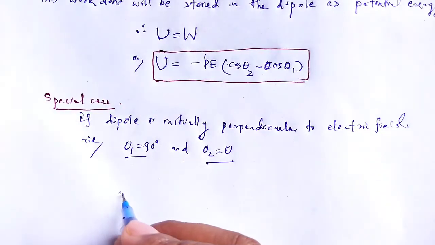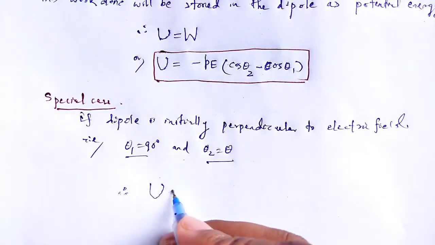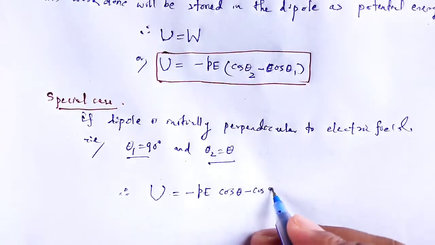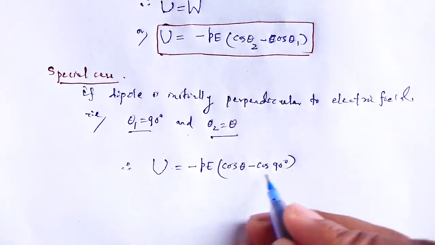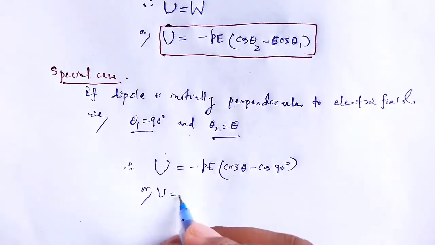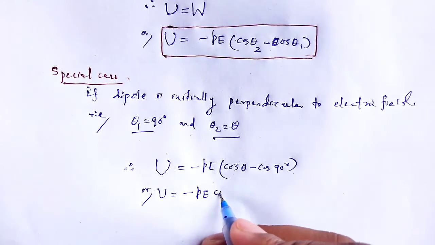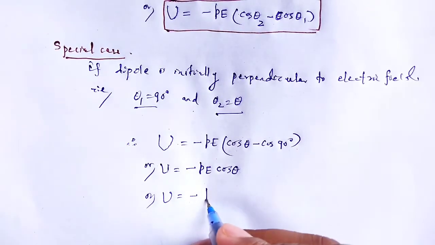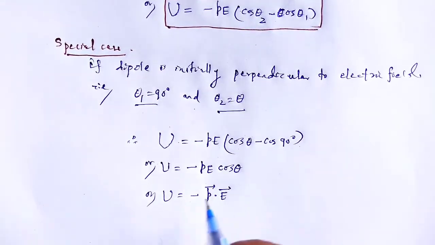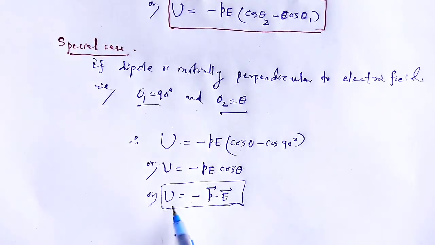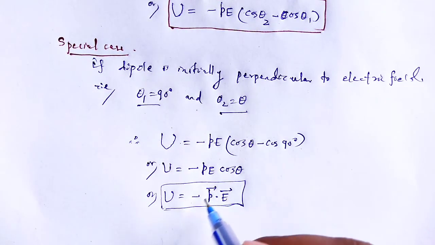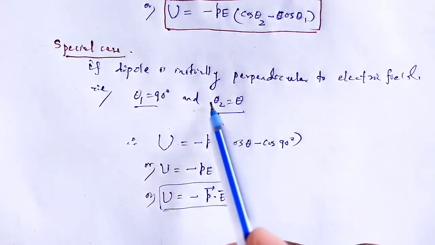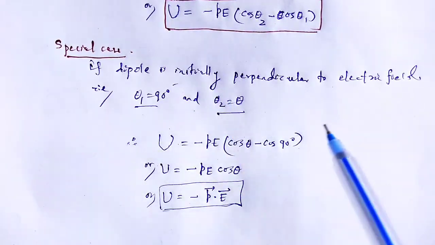Therefore, the electric potential energy U is equal to minus P E cos theta minus cos 90 degrees, and cos 90 is 0, so U is equal to minus P E cos theta, that results in minus P dot E. Potential energy is equal to the negative of the dot product of the electric dipole moment and the electric field intensity when the dipole is initially perpendicular to the electric field.